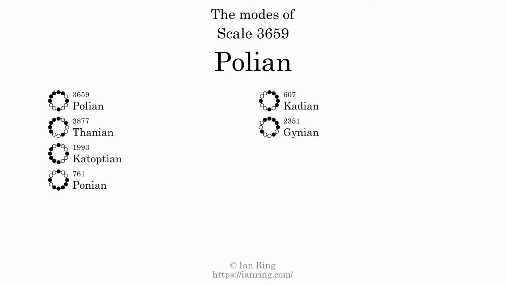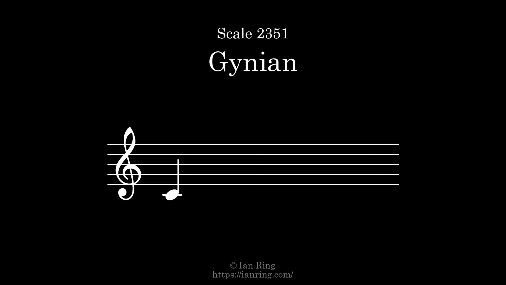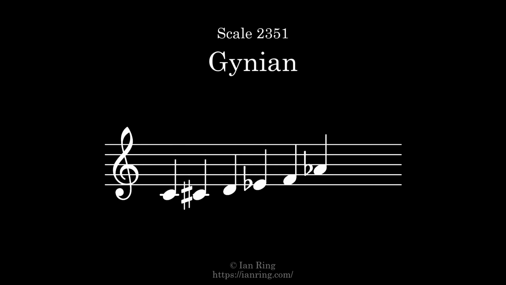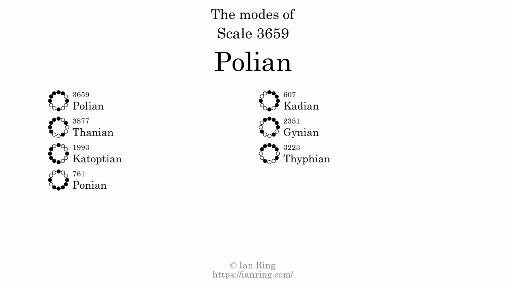The sixth mode is scale 2351, also known as Ginian. It sounds like this. The seventh and last mode is scale 3223, also known as Thifean. It sounds like this.